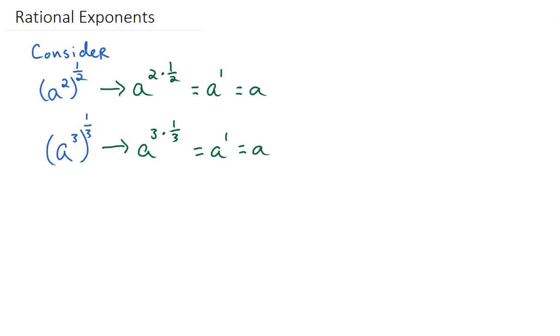Now what I want to do is run these ideas alongside what we've seen happen with radicals. In particular, consider the square root of a squared. Well, we know if our index is a 2 and our inside power is a 2, they cancel each other out.